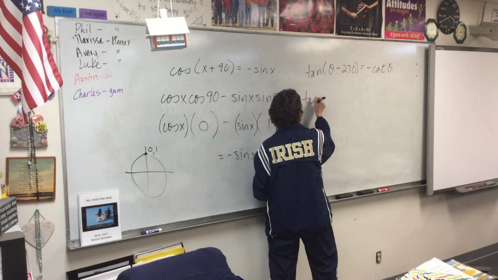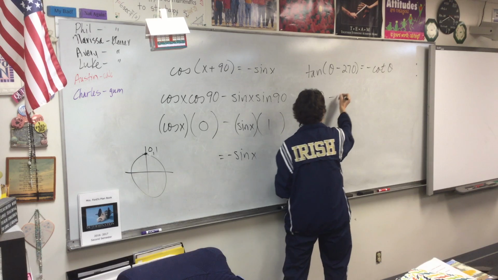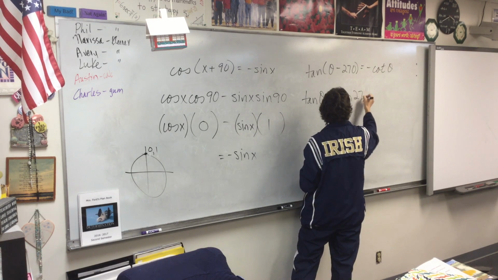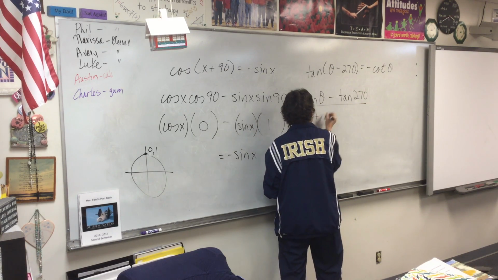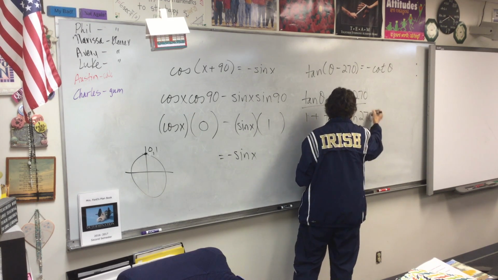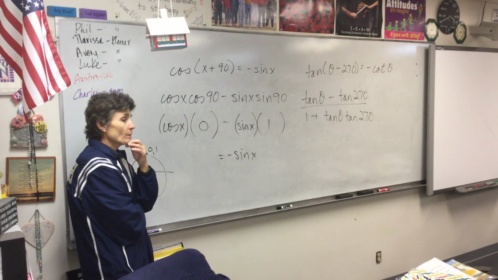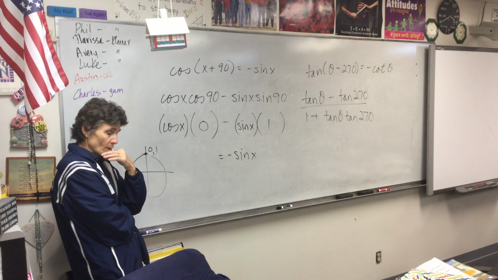And that formula says tangent of the first minus tangent of the second over 1 plus tangent of the first, tangent of the second. This is exactly what you should be doing. But we're going to run into a problem.